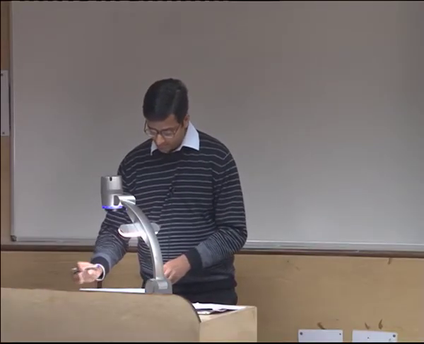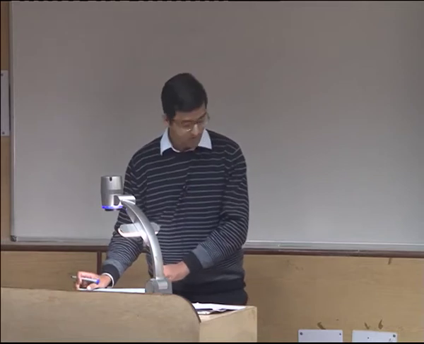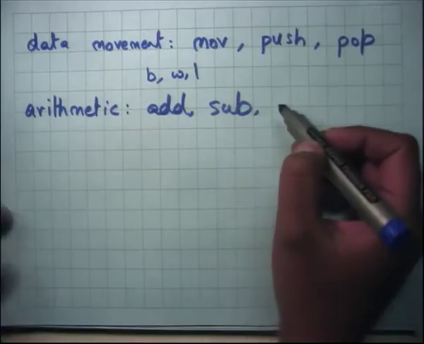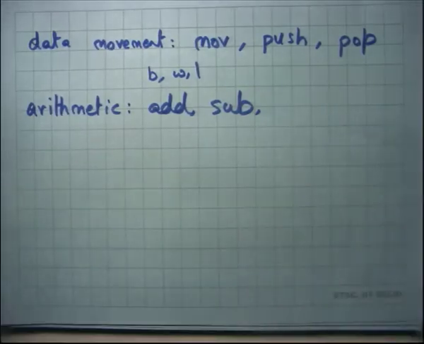So add, subtract, and we also said that these instructions set up the EFLAGS register appropriately, for example, if it's a negative value. So they also write the flags, and there are instructions like jump equal, jump not equal, jump less, which read the flags to make control flow decisions.